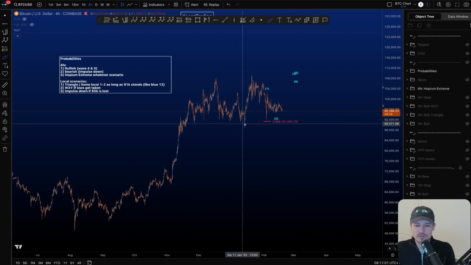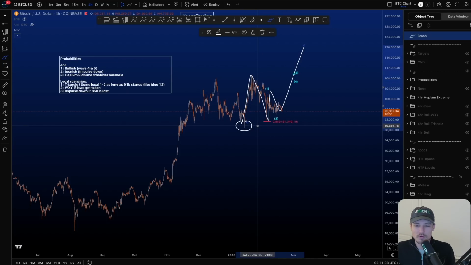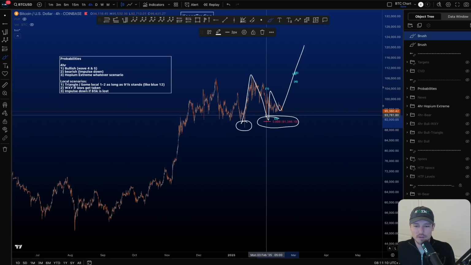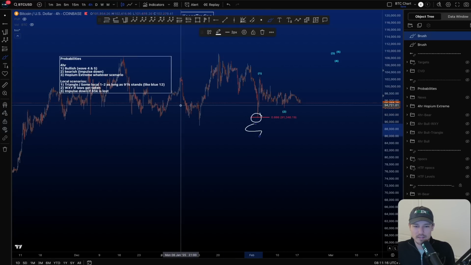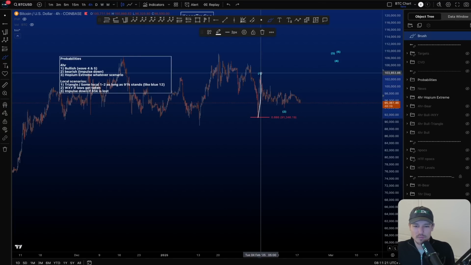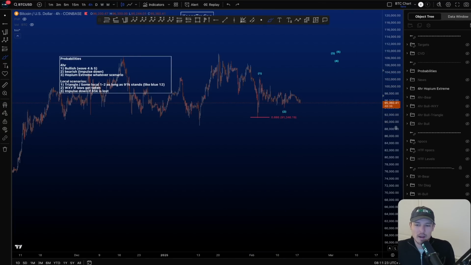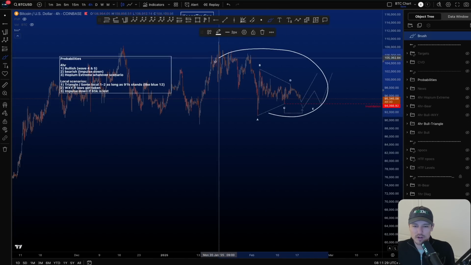And the Hopium Extreme Scenario, basically, where this would be the start of a wave 1, 2, and then another 1, 2 is very low probabilities because the first wave 2 then touched the 886 as per the analysis. Makes a lot more sense to then finish wave 4 at this particular low after a bigger 3-wave corrective structure and count a wave 1, 2 over here. But as explained, the price action would be relatively similar to the local triangle scenario.